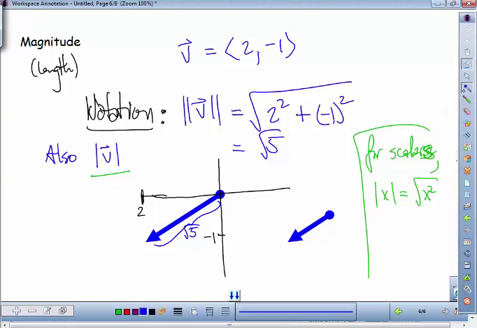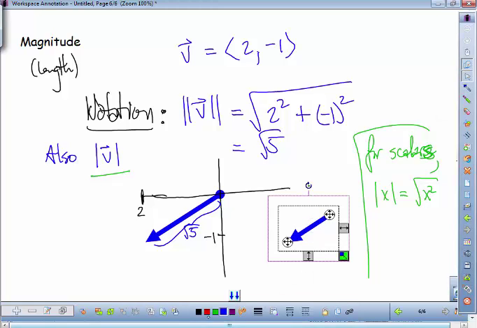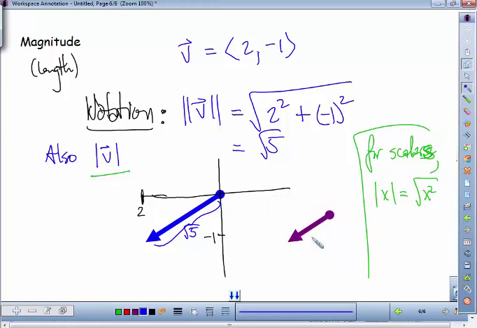So now the question is, can we find this vector, let's call this new vector u, so that the magnitude of u is equal to 1. Any ideas how to get that? Yeah?